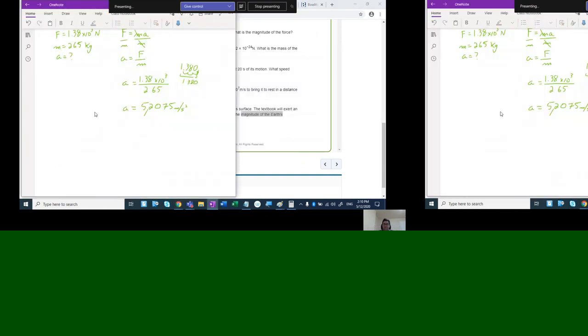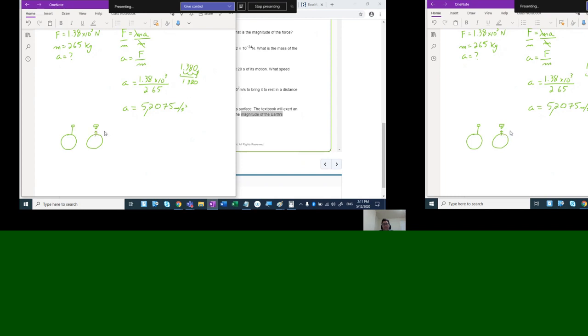Let me draw it. The Earth and the book are not attracting each other when I'm holding it in my hand, because I'm the one pushing the Earth and the book away from each other. When I'm not there anymore, the book is attracted by the Earth, and the Earth is attracted by the book.